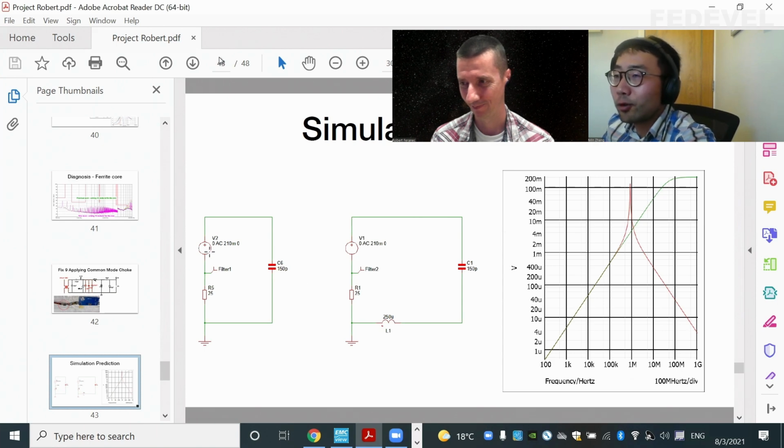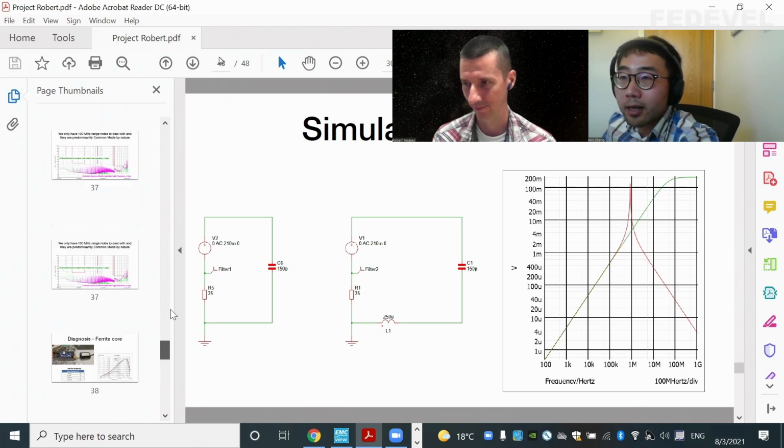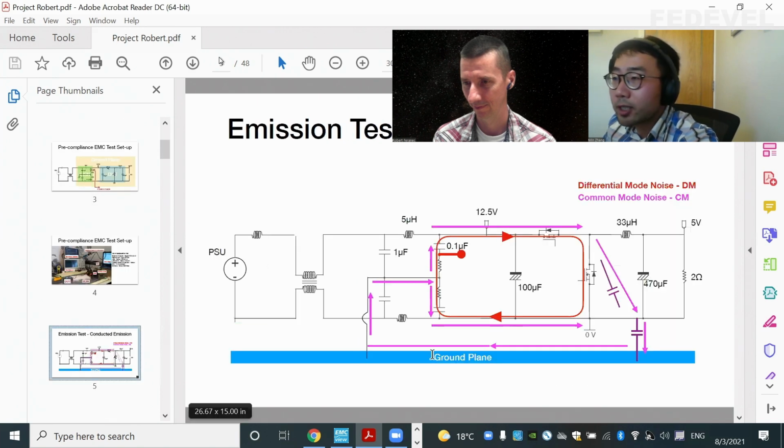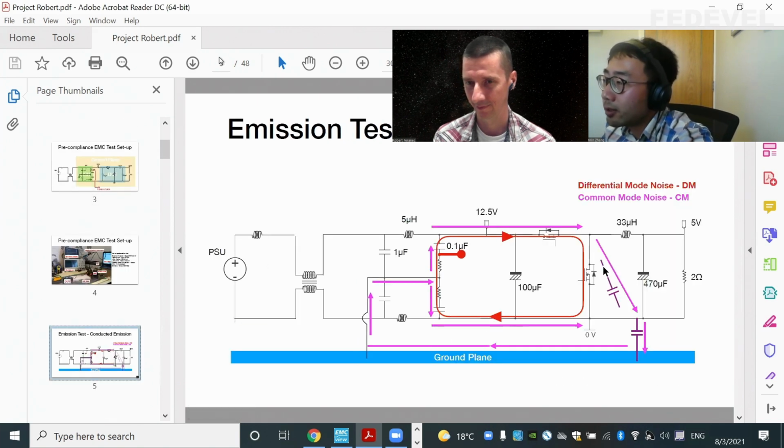This voltage source is just to simulate the noise. And in this case, the LISN is represented by a 25 ohm resistor. Why? Let's go back to the beginning when we explained the common mode. If you look at the current going this way and coming to the LISN module, it is split.